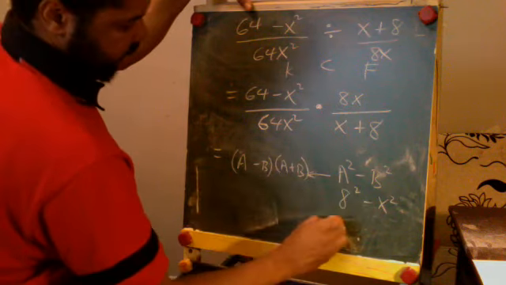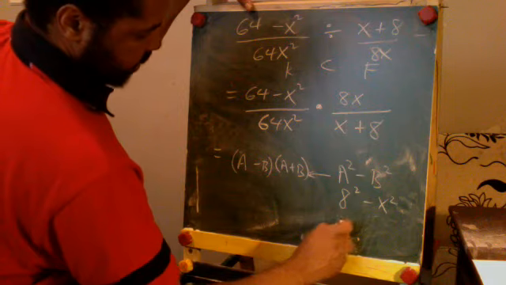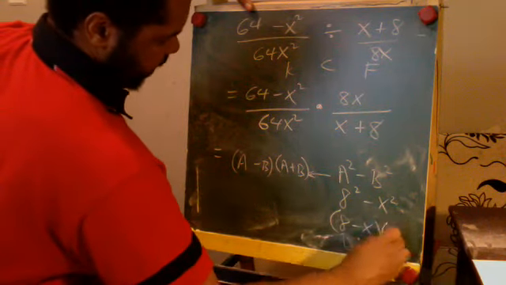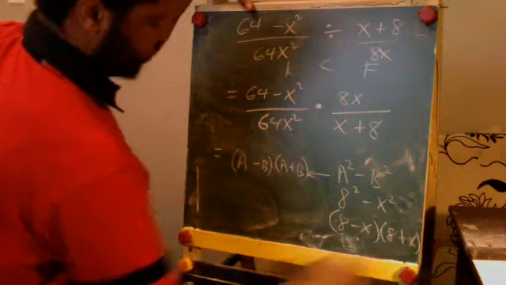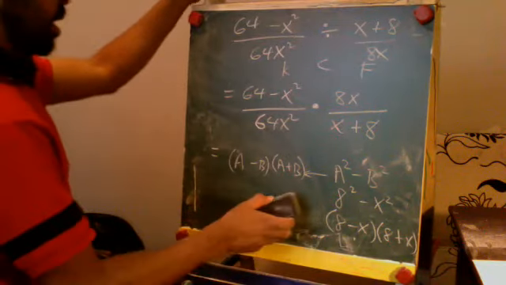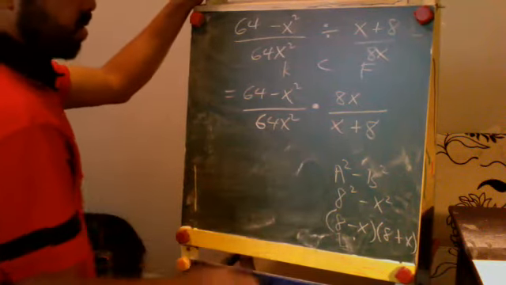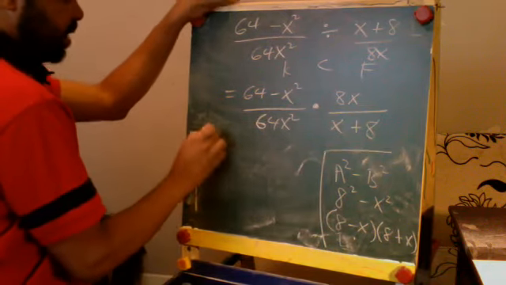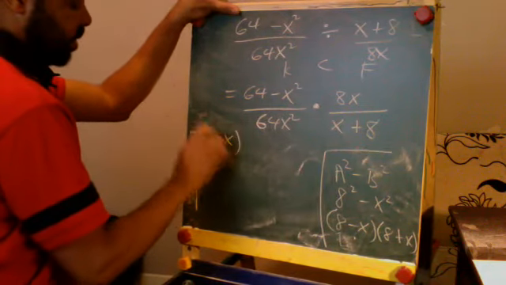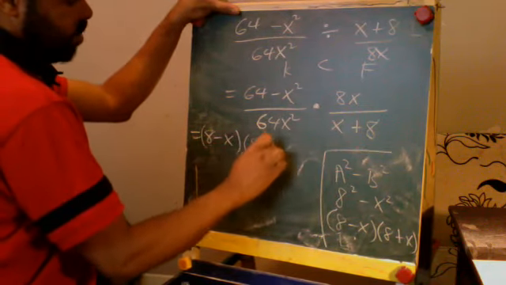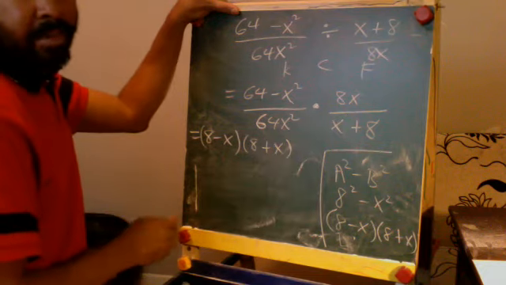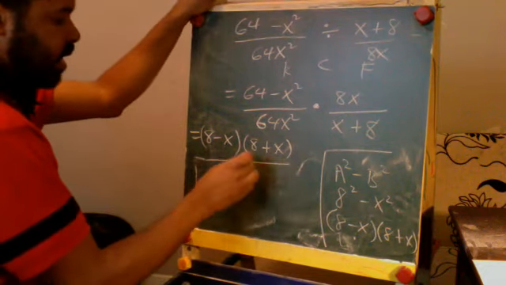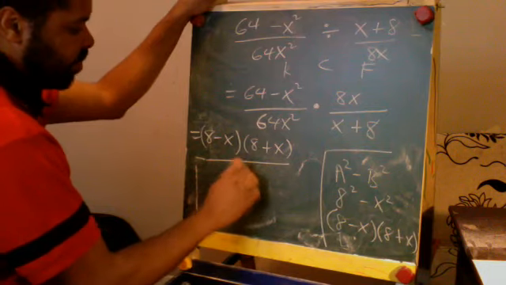In this case, 8 is going to be your a, so 64 minus x squared is 8 minus x times 8 plus x. And in the denominator, I still have my 64x squared.